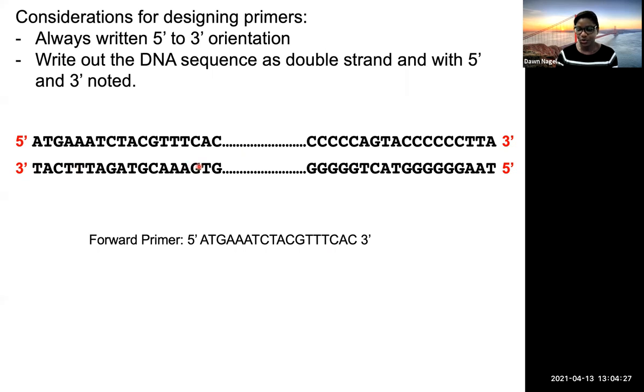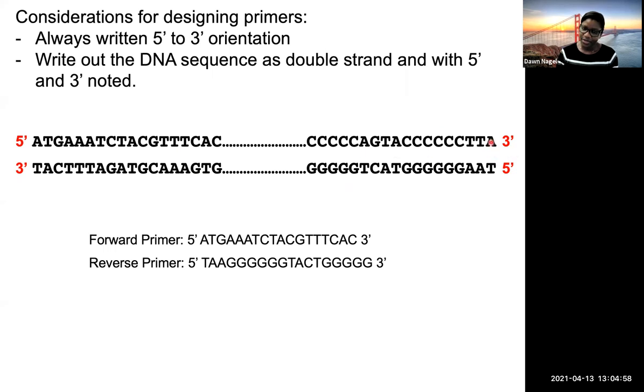So now you need something to anneal to this top strand, right? Because you have two strands. Forward primer anneals here. So that means that your next primer has to anneal to this top strand. It's reverse, right? It needs to be written 5' to 3'. So your 5' is going to start here, and the sequence of your primer is going to be going in this direction.